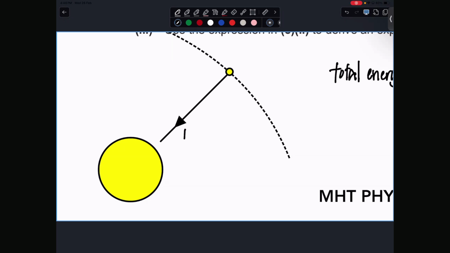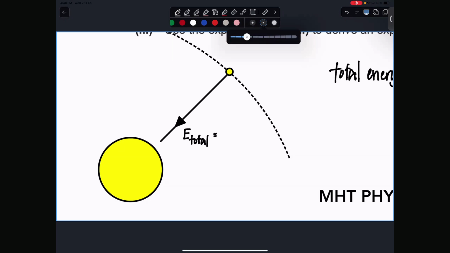So total energy is going to be equal to the K at that location plus the what? Gravitational potential energy. Remember one thing, there is officially no formula for GP in our syllabus. Our syllabus only follows the formula of what? Change in phi into m.